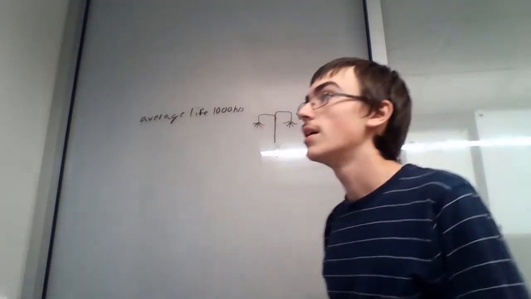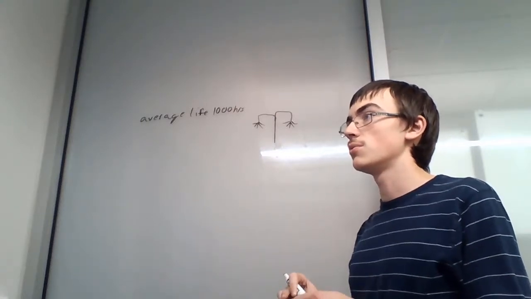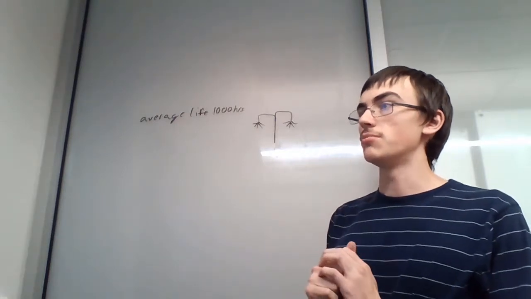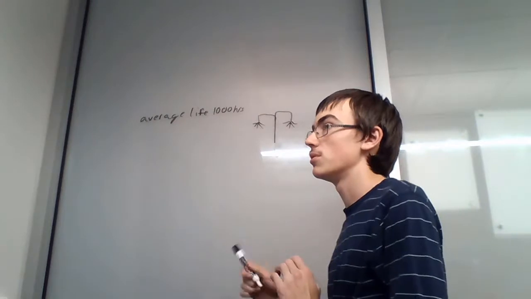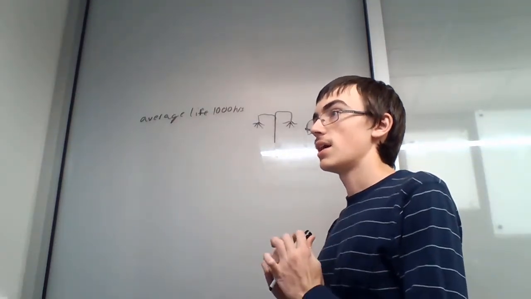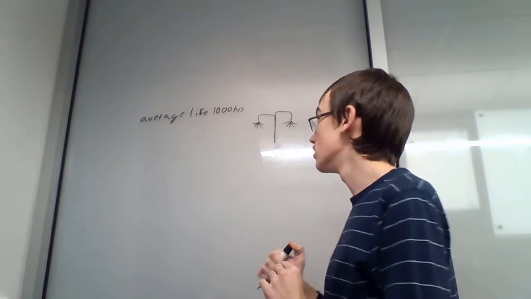The problem also states that we can assume the probability of failure of these bulbs can be modeled by the exponential density function with mean mu equal to the 1,000 hours. And it asks to find the probability that both bulbs fail within this 1,000 hours.